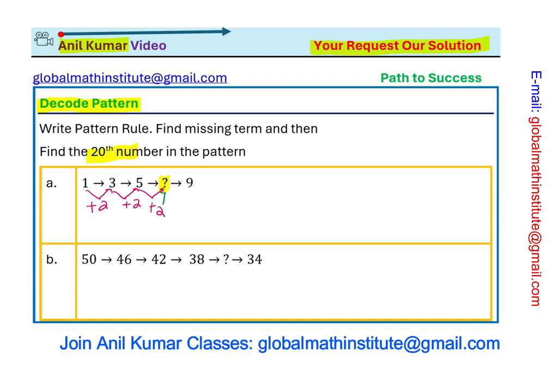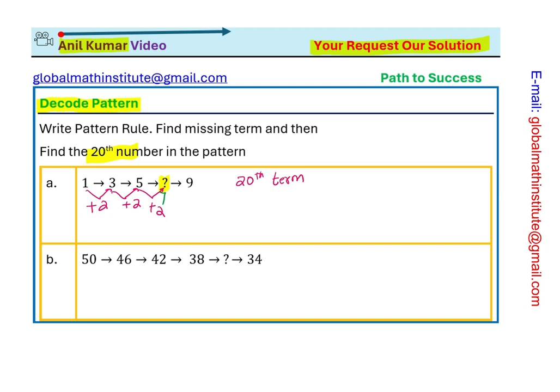Now, when we say 20th term, what does it mean? Well, here 1 is your first term, this is your second term, third term, this is fourth, and this is your fifth term. So these positions are also known as the term numbers.